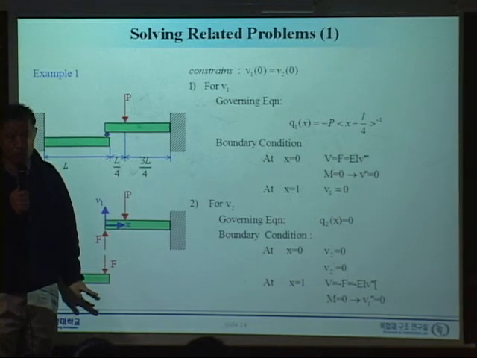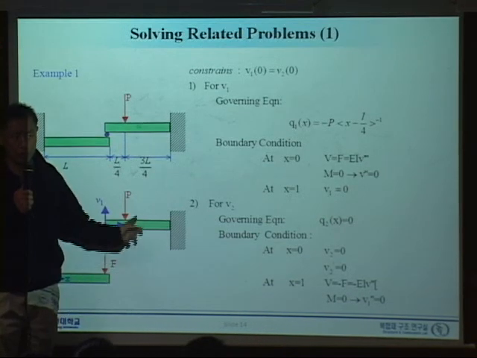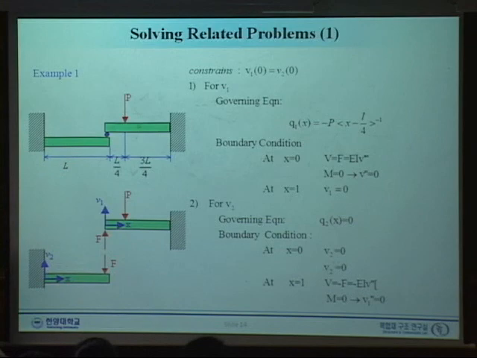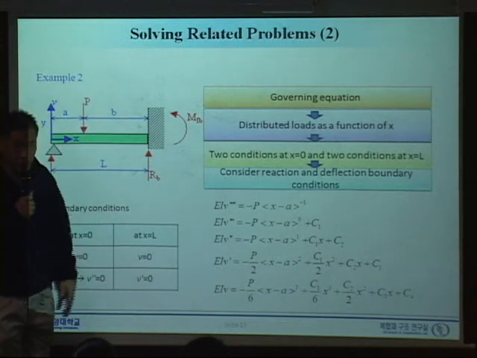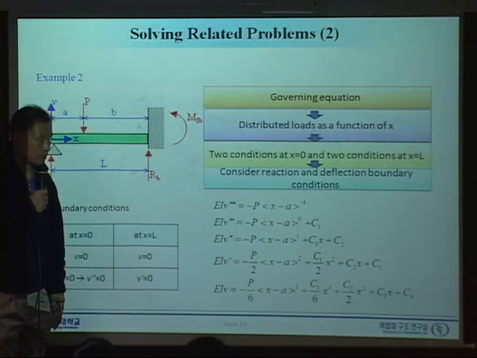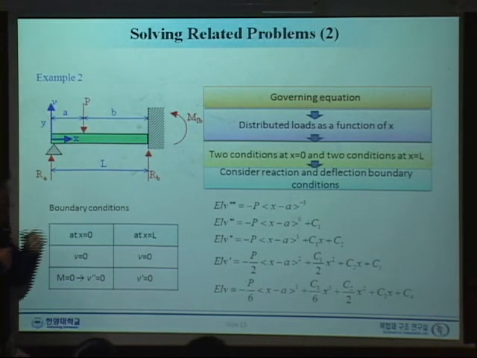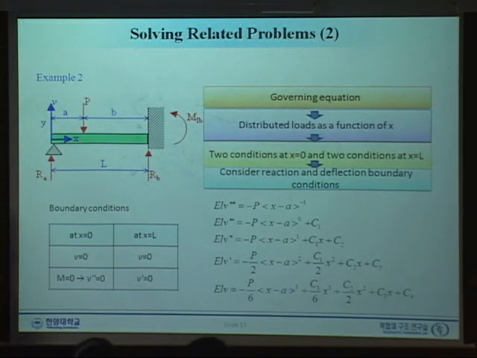It's not an easy question, and you should be able to solve this kind of question. Well, instead of distributed load, we have a concentrated load. How can we solve that? Well, we need to use the singularity function, which we will cover next class.